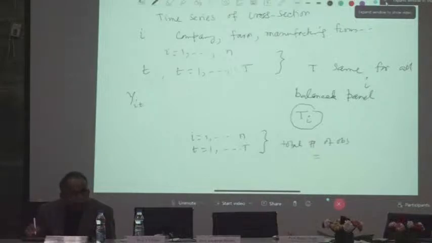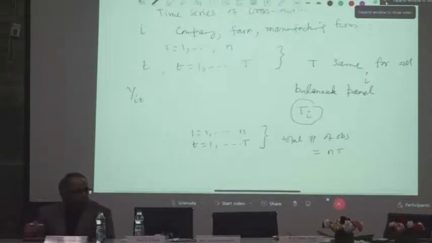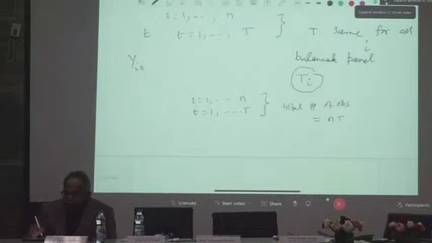It is n times T. In a cross section you have n observations, but in a panel you have n times T. So if n is equal to 100 and T is equal to 10, then you have 1000 observations. So if you have a panel, the number of observations increases automatically. In econometrics, the number of observations is very important: the more observations you have, the better the estimates are. So we always say it is good to have more observations.